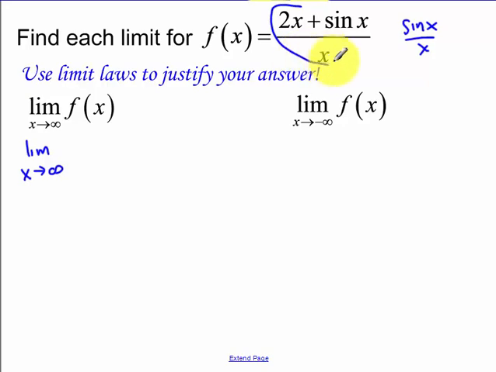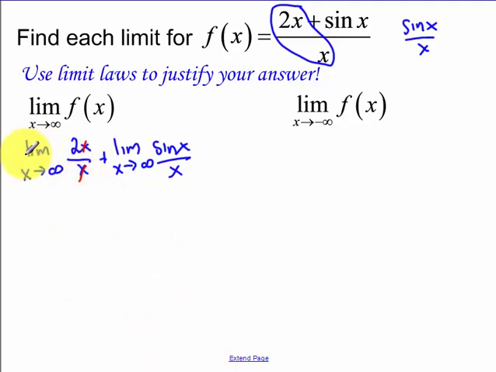So take your numerator and split it up into two terms, both of them being over the denominator. These x's can cancel. So my limit as x goes to infinity of 2 is 2 plus 0, so this value is 2.